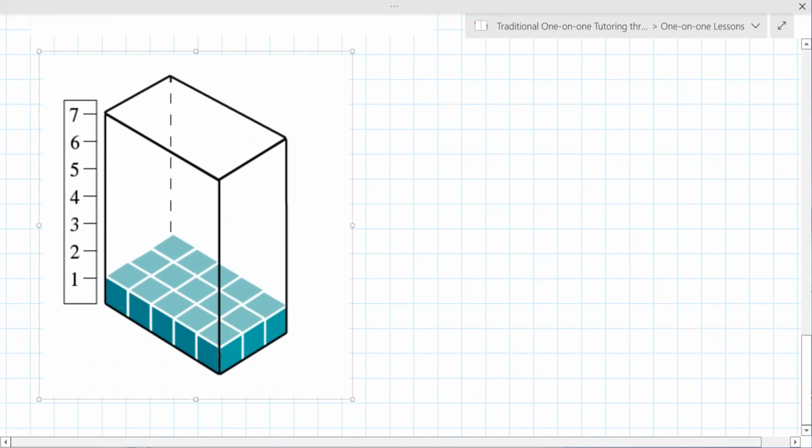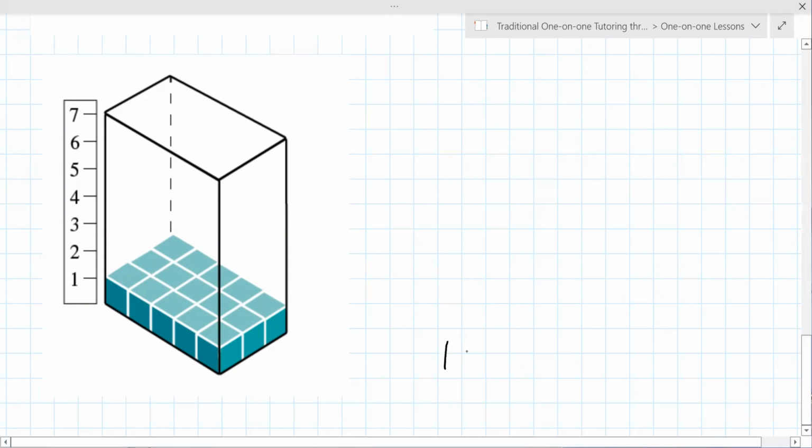14. There are 14 on the bottom. How did you get 14? I counted them. Count them one more time. 15.